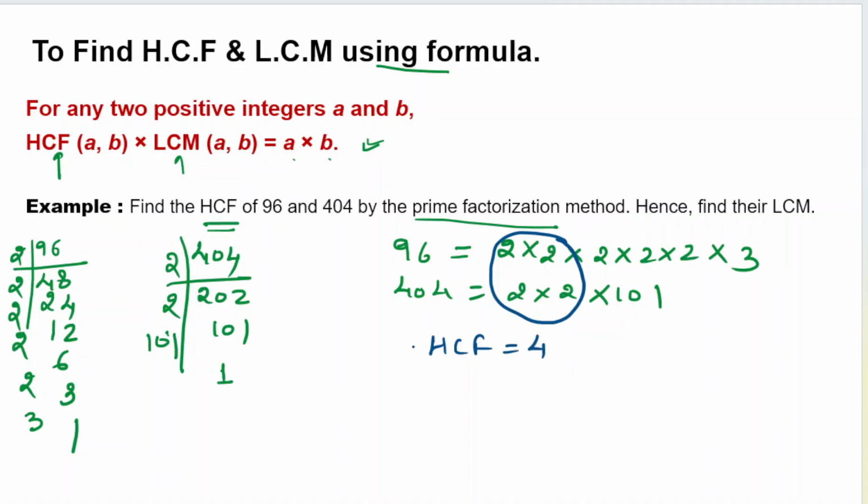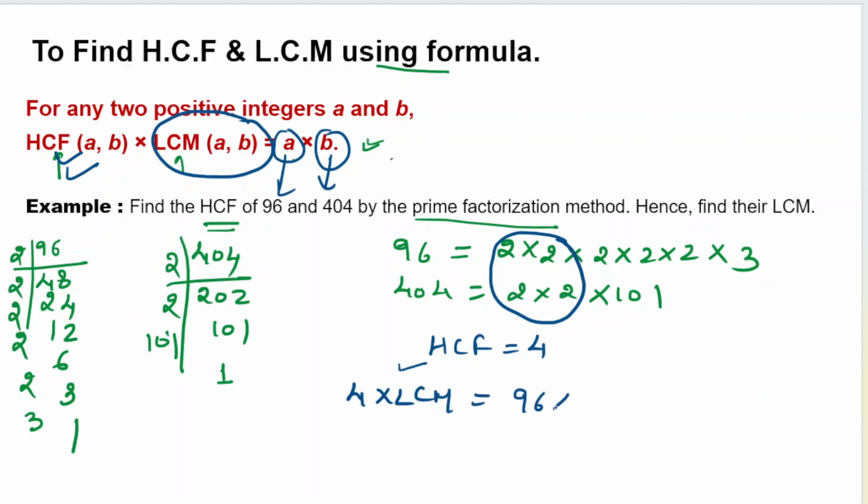Now we have to find the LCM. For finding LCM, we have the HCF, which we have already calculated, and the numbers are given to us, 96 and 404. So we put all the values in this relation, and we can find the LCM. So 4 into LCM is equal to 96 into 404.